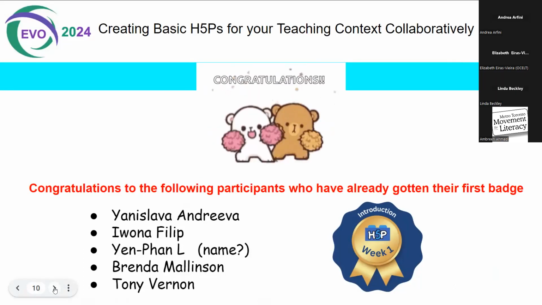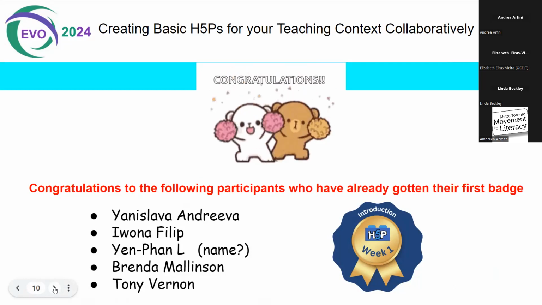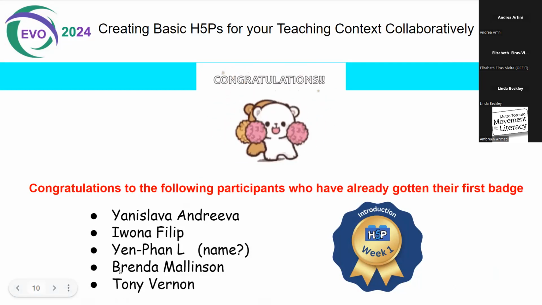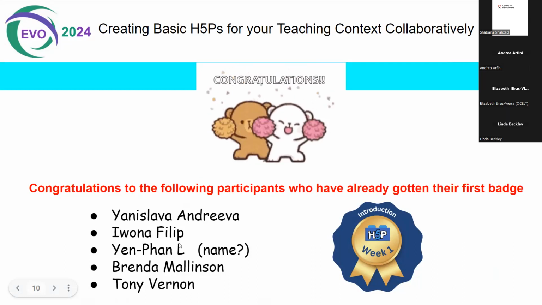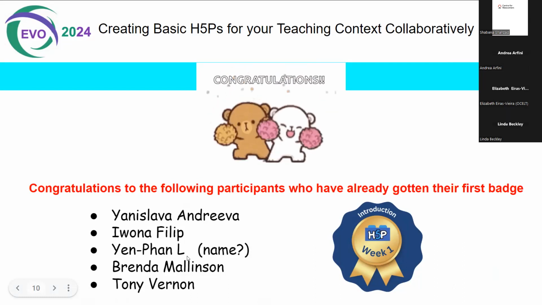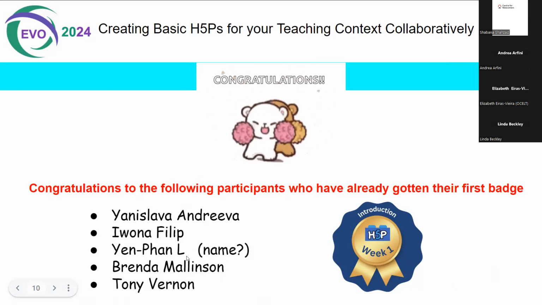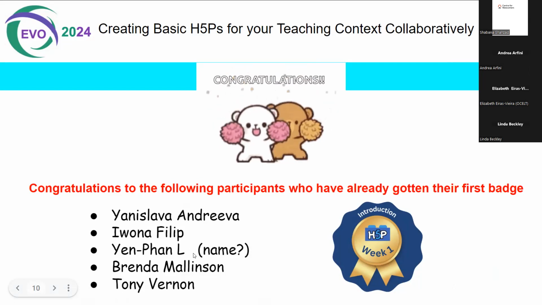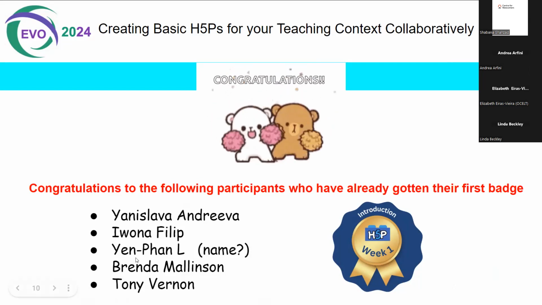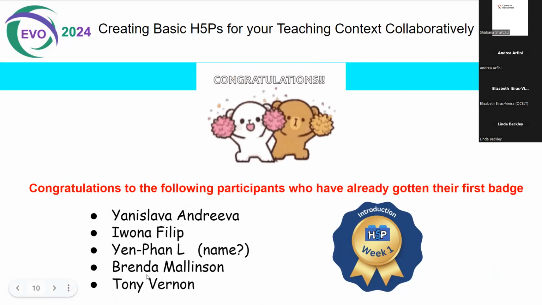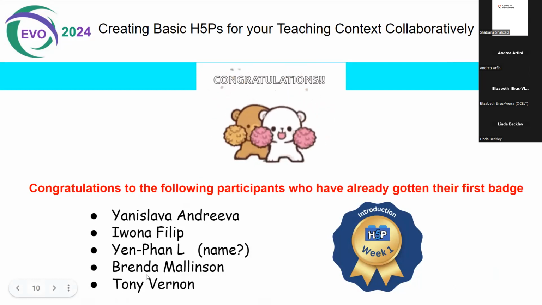Yanislava Andreeva, Iwana Philip, Infan L. Again, this is what will appear on your certificate. If you don't want this on your certificate, please add your last name. It's Lou with 2 U's. Okay.